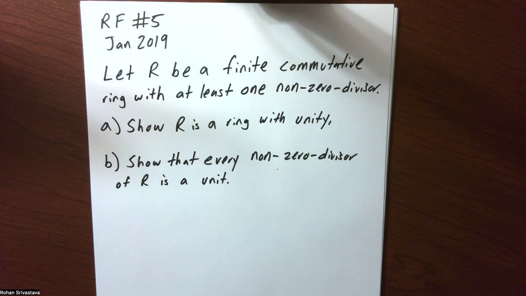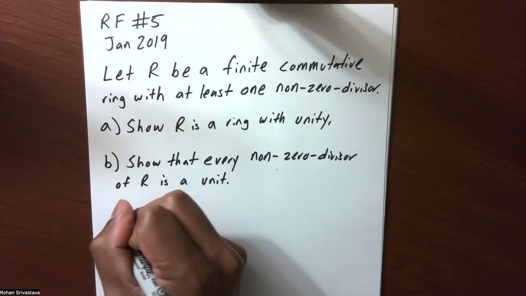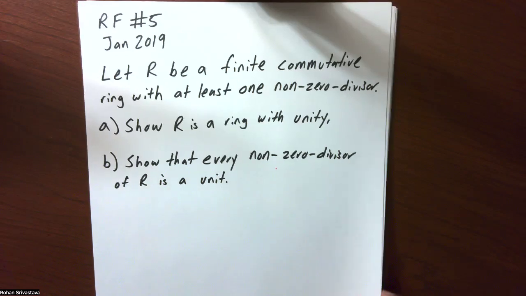Okay, so let's start with part A. Since we're given that the ring R contains at least one non-zero divisor, let's give it a name.